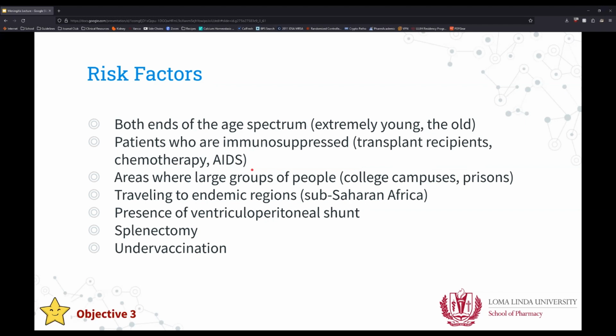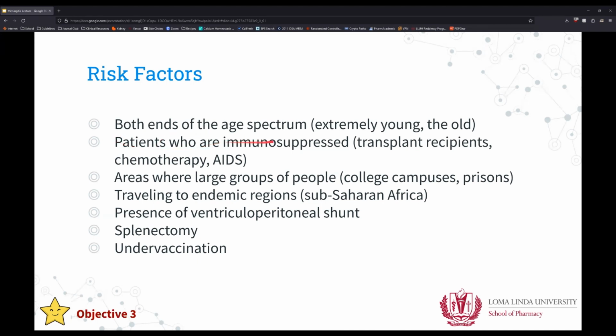More on the risk factors for meningitis. Meningitis has risk factors for those on both ends of the age spectrum, patients who are extremely young and extremely old, and even in our guidelines, we break it up into various age categories.